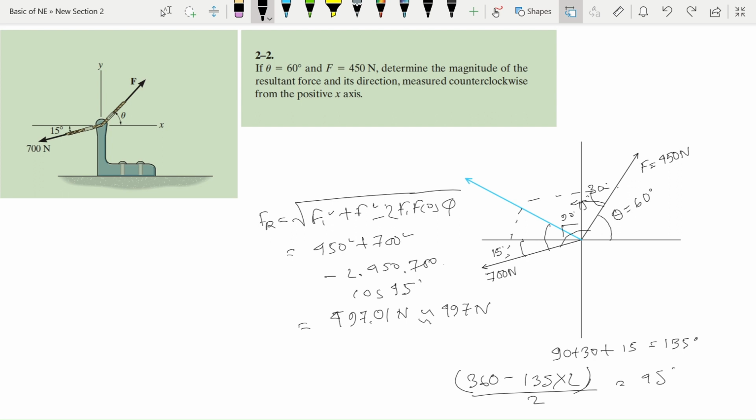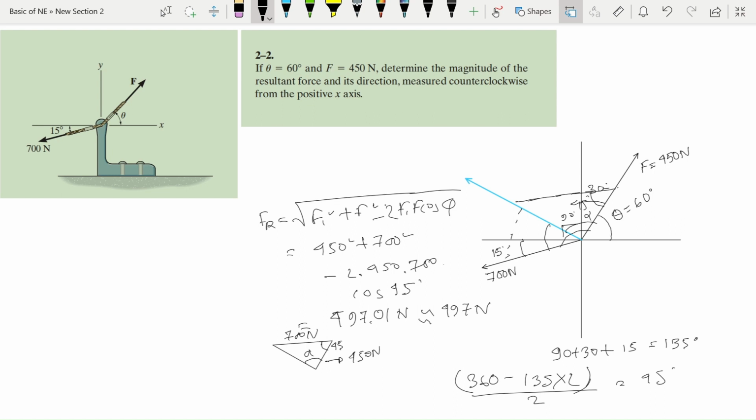If we want to determine this angle, which I'm denoting with alpha, then I'm drawing this triangle here. This angle is alpha. This one is 45 degrees. This line represents 450 Newton, and this one represents 700 Newton.